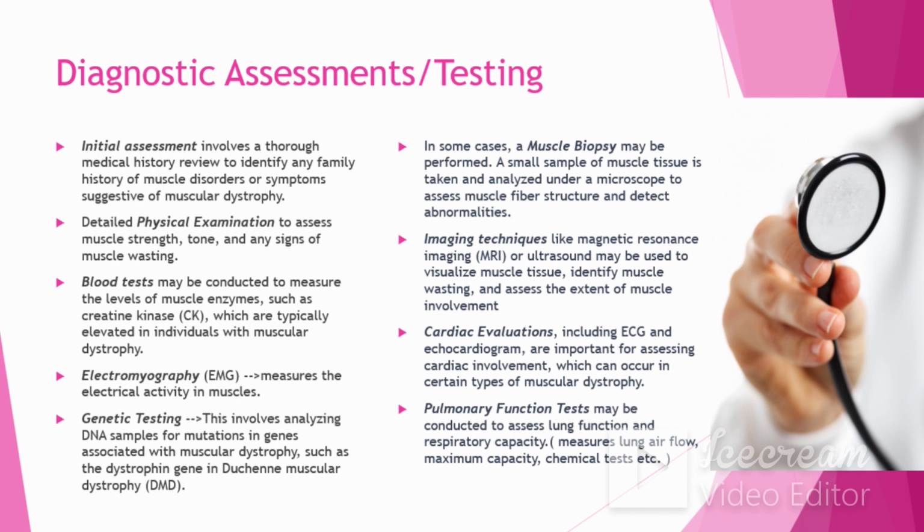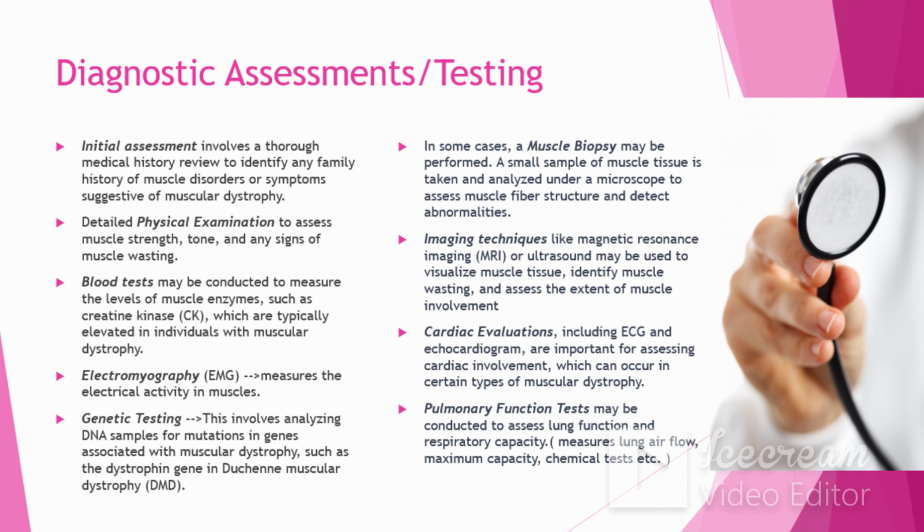Also, genetic testing, which involves analyzing DNA samples for mutations in genes associated with muscular dystrophy, such as the dystrophin gene, which is tied to Duchenne muscular dystrophy, DMD. We'll get into that later, but that's one of the most prevalent forms of this disease. More about the diagnosis.